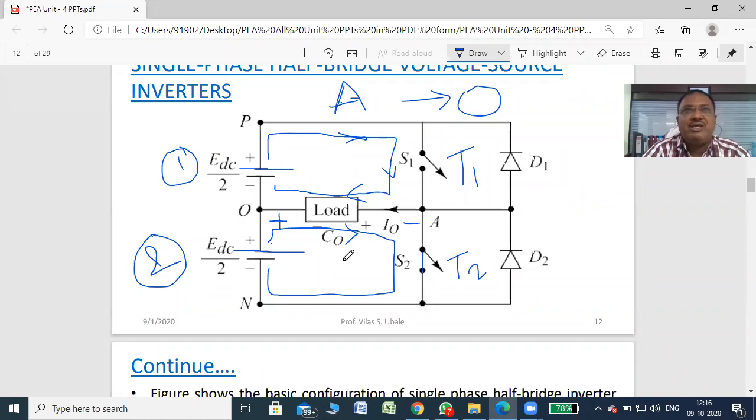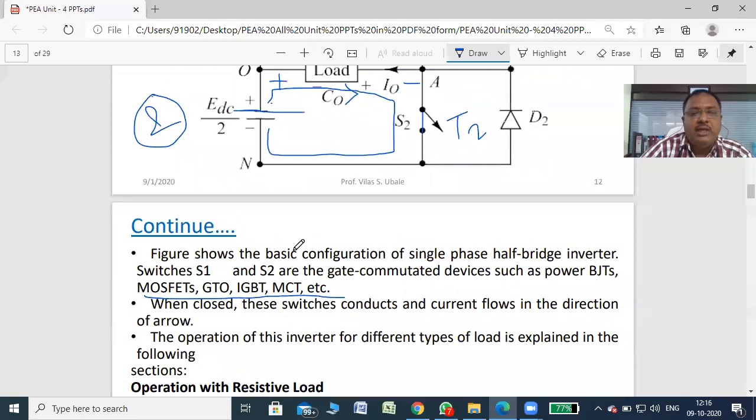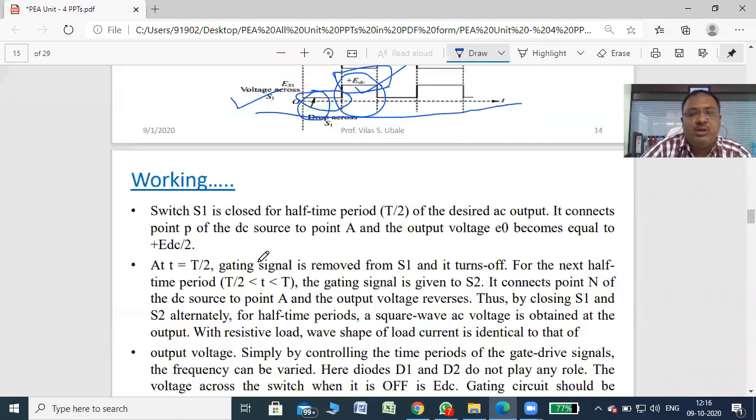Case second, when S1 is on. By applying a triggering pulse, S1 is on. If S1 is on, current starts to flow from EDC plus P, then S1, then A, then the load, then O and EDC minus. See here, the same kind of explanation is given.